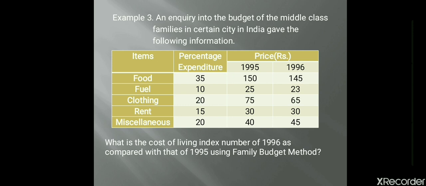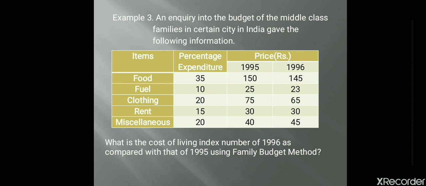For the year 1996, prices are 145, 23, 65, 30 and 45. The question is, what is the cost of living index number of 1996 as compared with that of 1995 using family budget method?